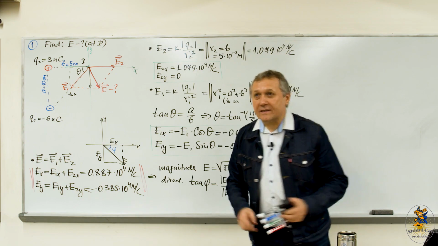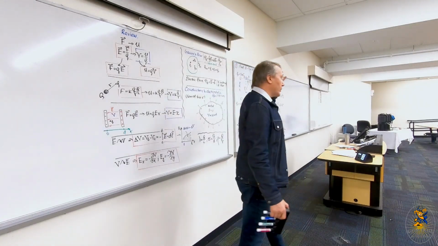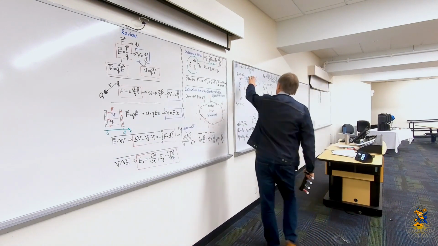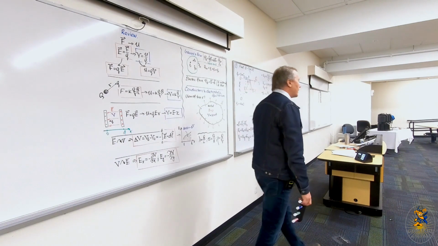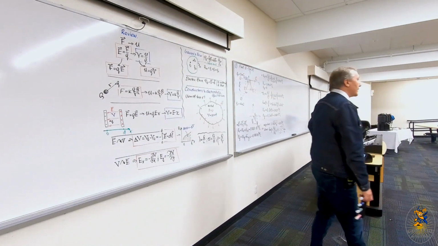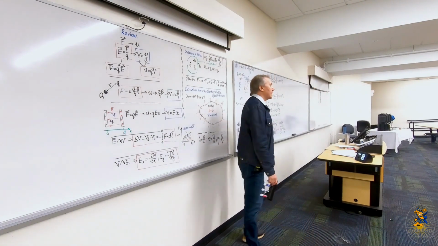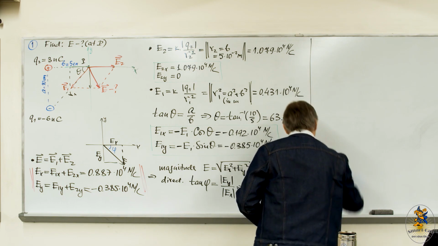But since we can describe these electrical phenomena using either electric field or electric potential, let's also find the value of the electric potential at that point. Right, so let's just exhaust this problem completely. I still have some space left.